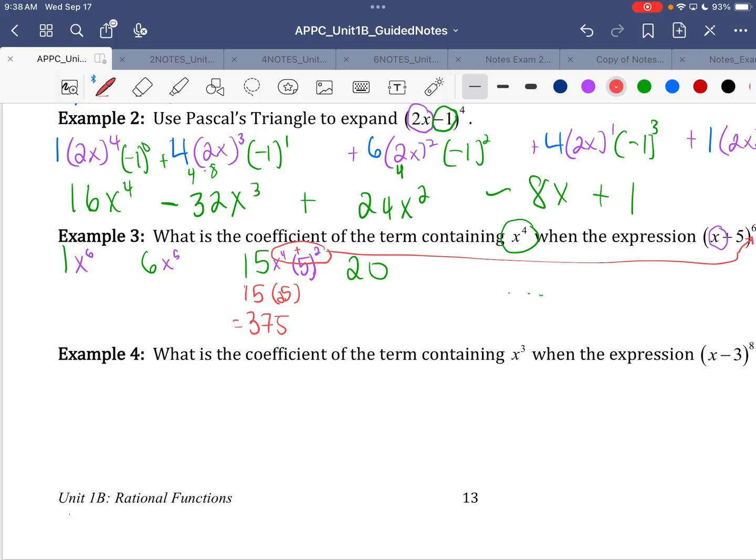So we have the cubic term and the 8th row. We already wrote out the 8th row. So it would have been 1, 8, 28, 56, 70, 56, 28, etc. And then this would have been x to the 8, 7, 6, 5, 4, 3. So I'm taking 56.